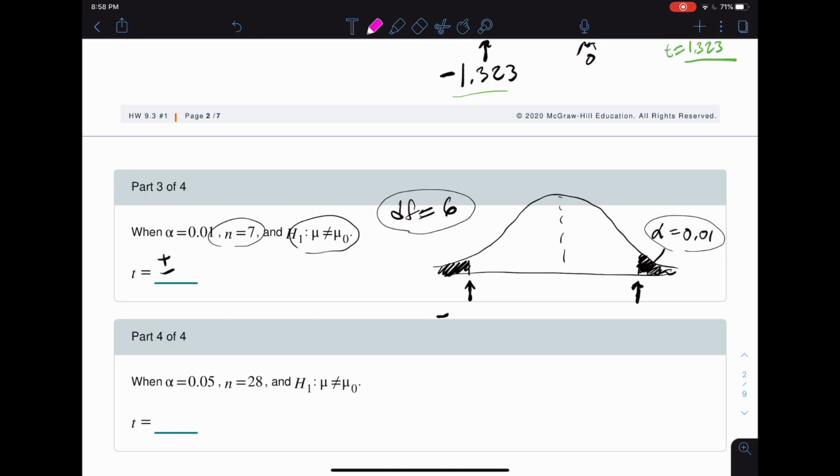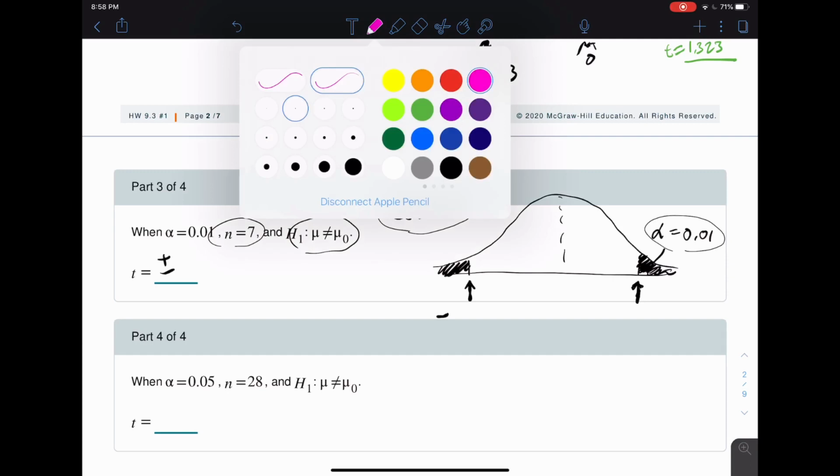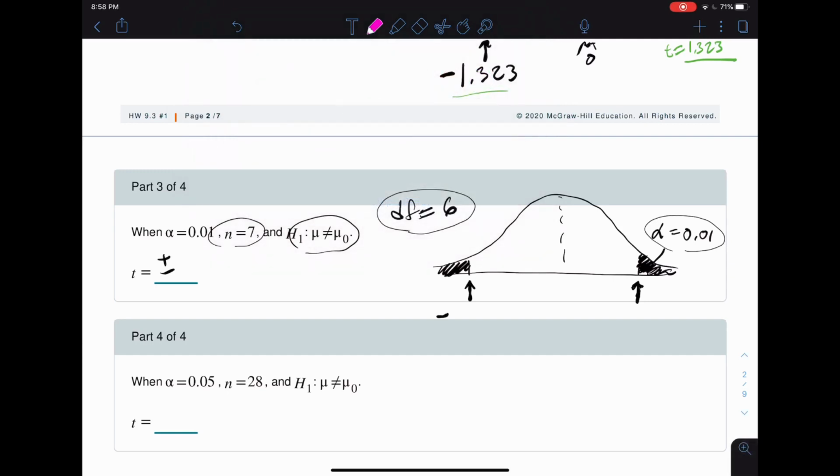So remember your alpha. The difference on this problem is that we have two tails. Got to be careful with two tails. When you put those two tails together, you're going to have your alpha, which is 0.01.